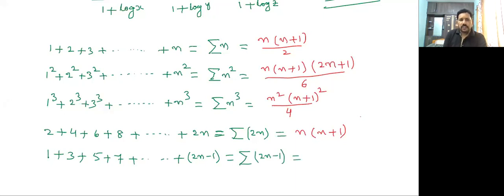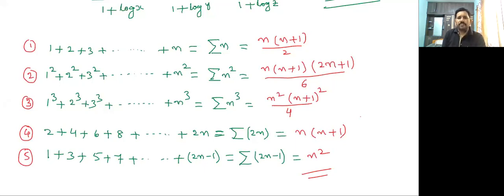What is the formula? n square. Sum of n natural numbers, sum of squares, sum of cubes, sum of even numbers, sum of odd numbers. There are 5 formulas, remember them.